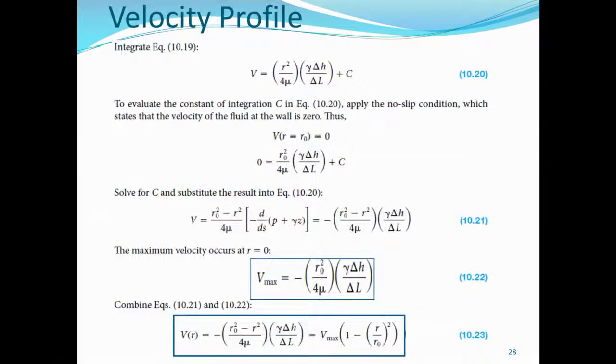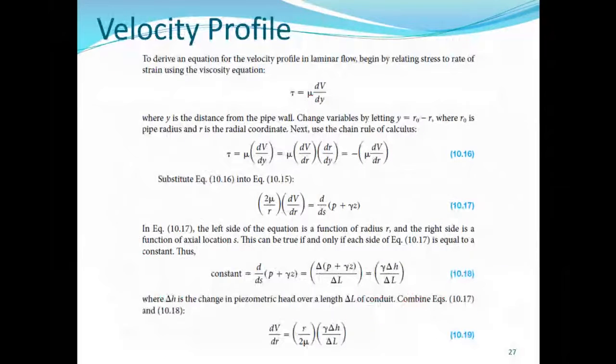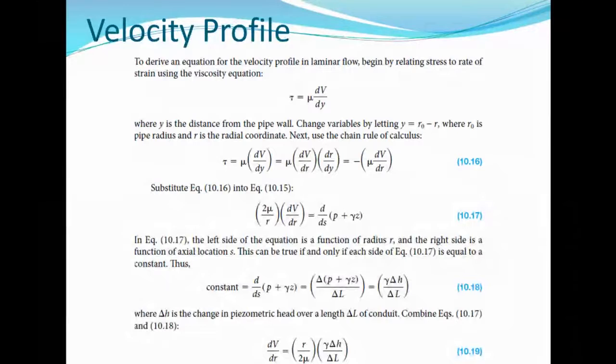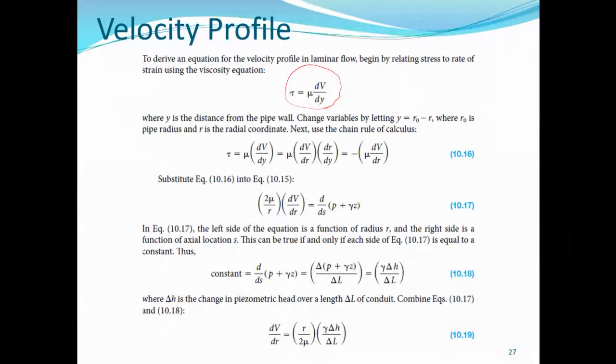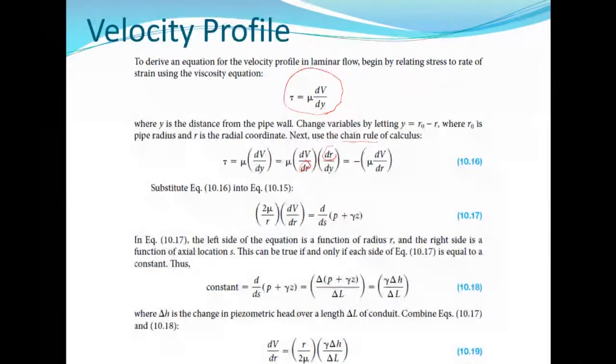But let me just take you over briefly. Here we start from Newton's law of viscosity, that the shear stress is proportional to the velocity gradient, dv/dy. Then we split this using the chain rule in calculus: dv/dy, we make it dv/dr. We just introduce dr here.